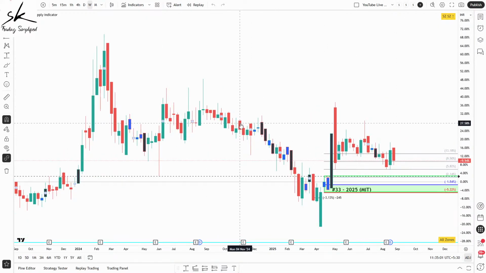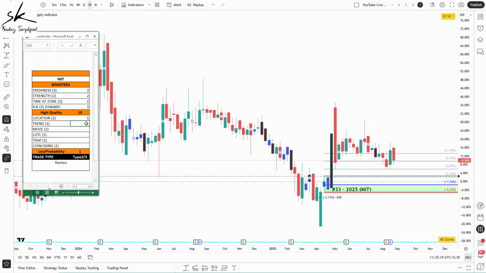All right, in fact, you can see we also had a 3rd supply violation which happened right here. So we already have violations of 3 supplies, but in a way, just 2 supply violations make it a confirmed uptrend for us. So we are in an uptrend, and uptrend will get a score of 1.